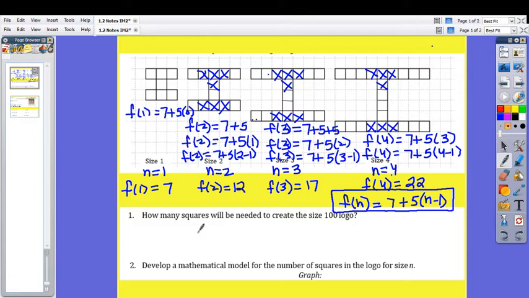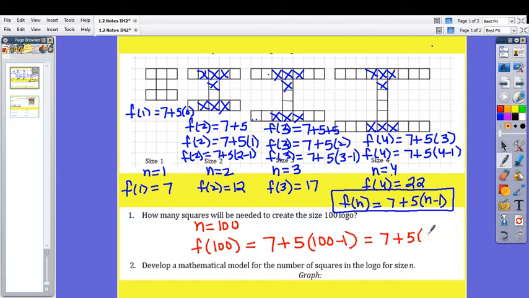So in this one we will say n is 100, so f of 100 is 7 plus 5, and then it will be 1 less, so we do 100 take away 1, which is 7 plus 5 times 99.